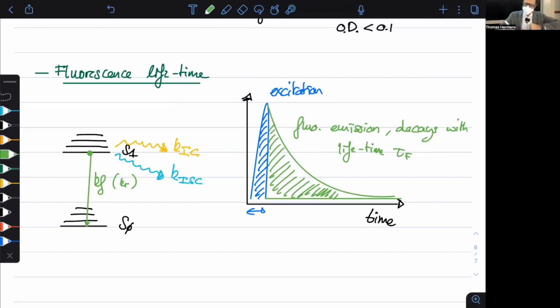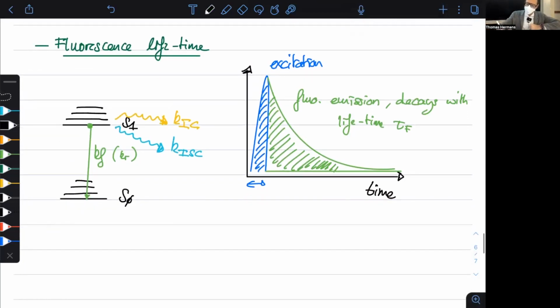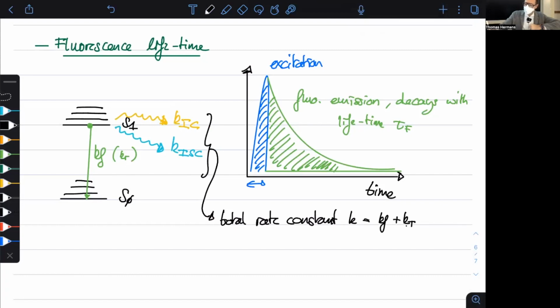Okay, so if we take these three things together, we have a total rate constant. K is Kf plus K internal conversion plus K intersystem crossing.